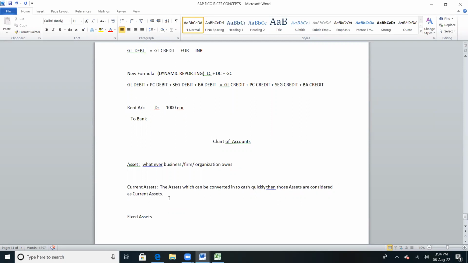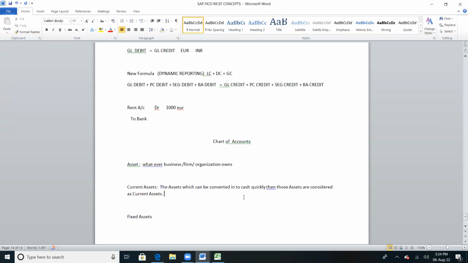Understood? What does it mean? Liquidity is nothing but the asset which can be converted into cash immediately. Then that is considered a current asset. Understood, everyone?